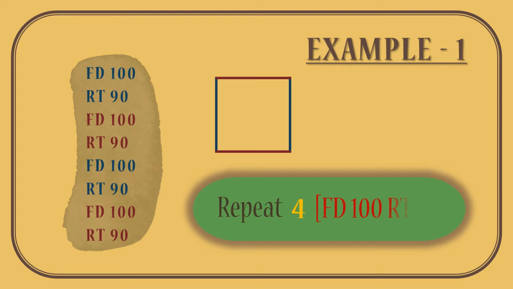Then in square brackets type FD100 RT90. These two commands will be repeated 4 times automatically. When we type this command in the input box and press enter key, one square will appear on the graphic screen. Easy. That means now we are not typing 8 commands, all these commands 4 times. We are typing the commands only once by using the repeat command.